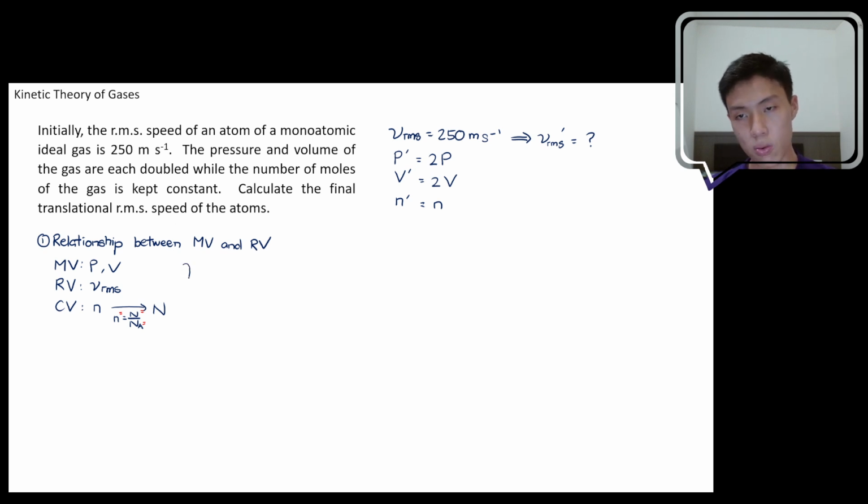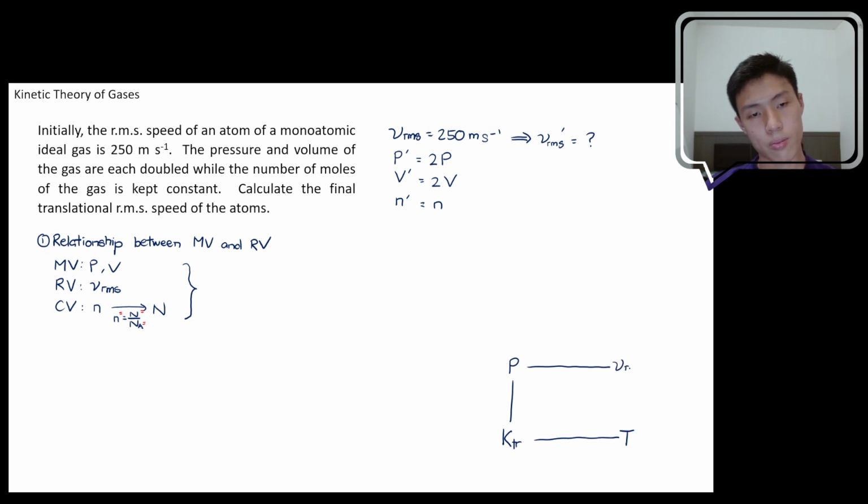Let's see what equation can relate all these variables together. You have P, you have V, you have VRMS, and you have the number of moles or the number of gas molecules. If you refer back to our rectangle mind map, you have pressure, you have translational kinetic energy, you have temperature, and you have VRMS.